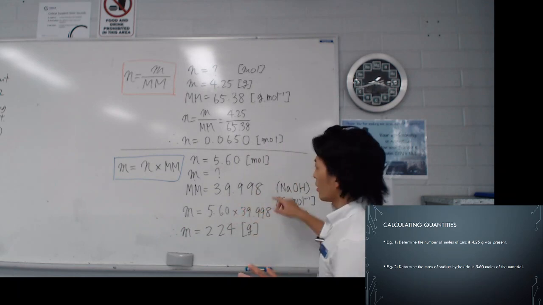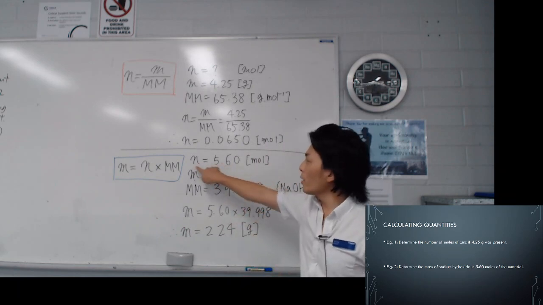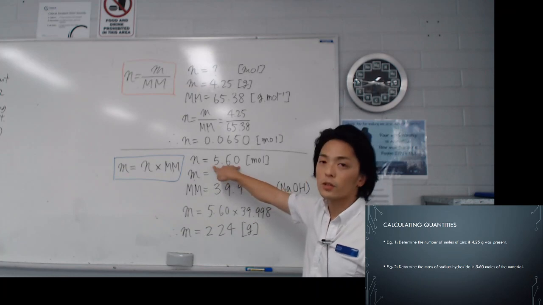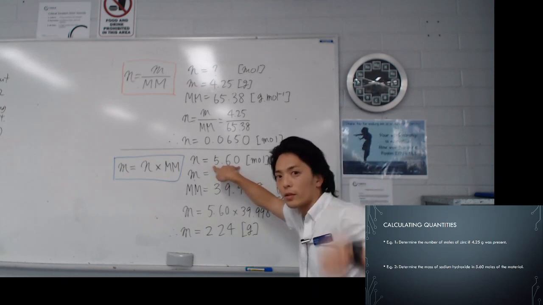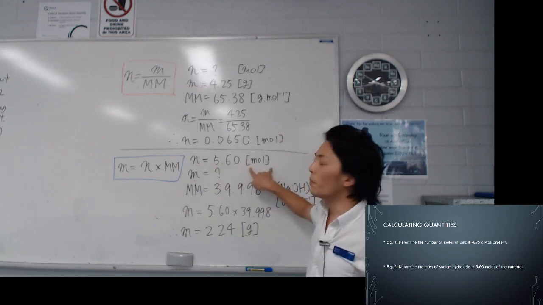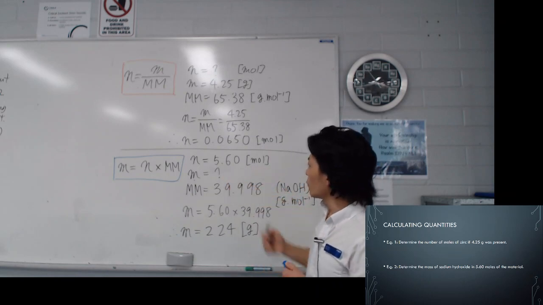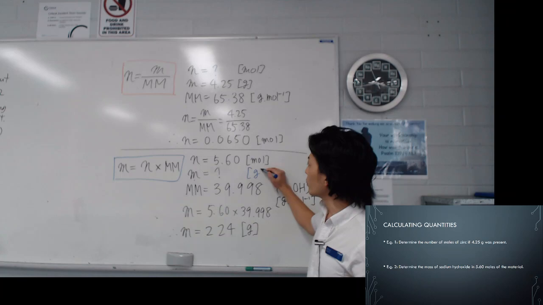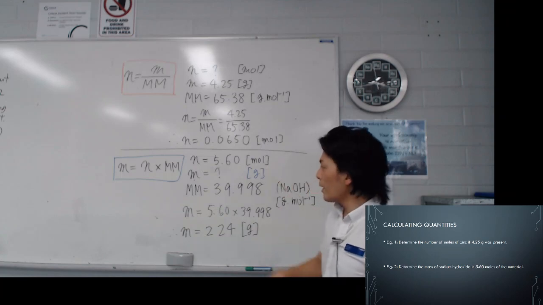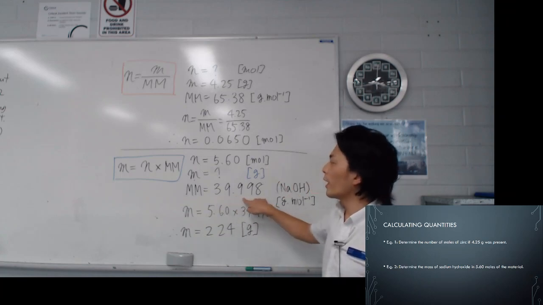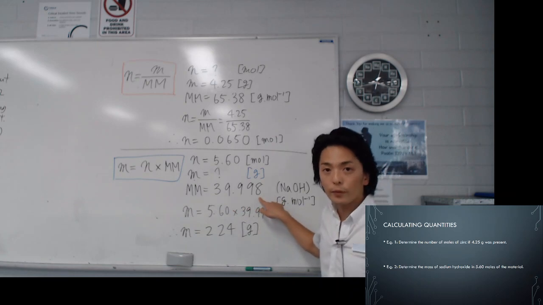Now, here is the known information. n is given as 5.60, 3 significant figures here, and that's in moles. m in grams is something that you are trying to find out. I should have written that down too. MM is 39.998. How did I find that?